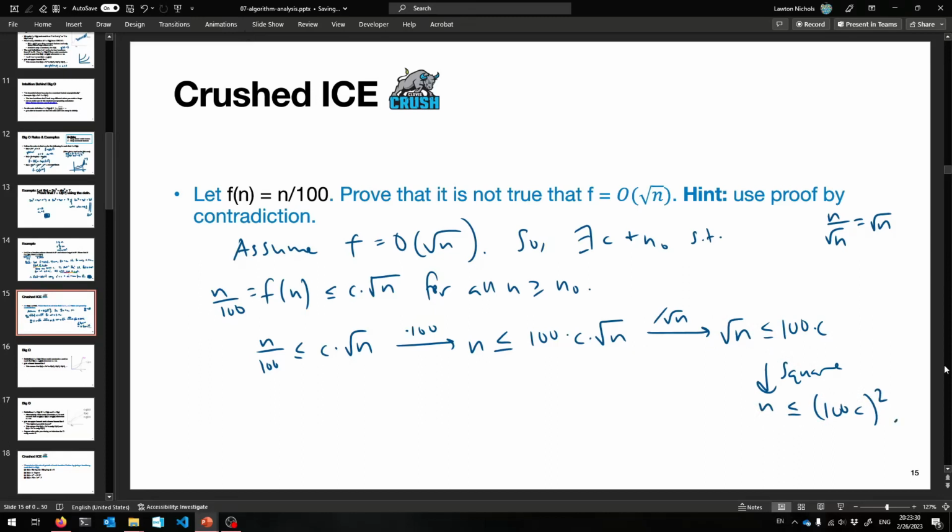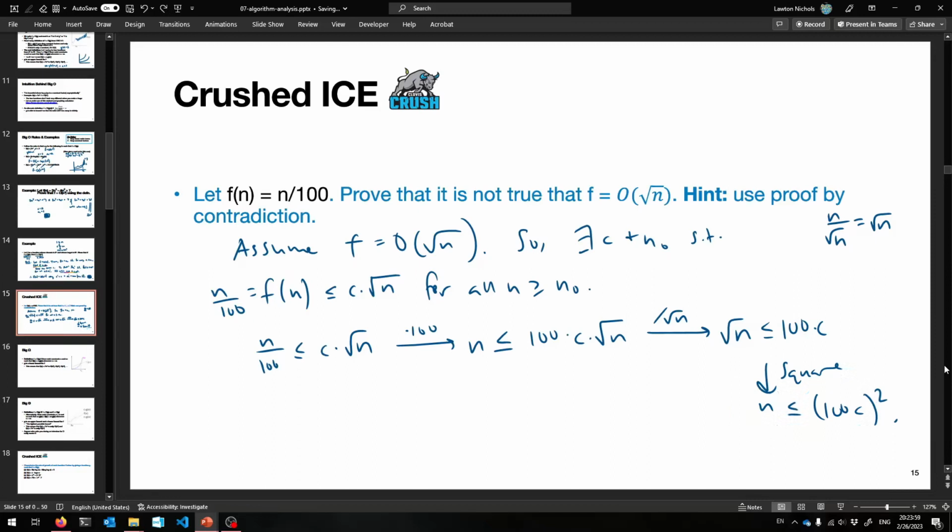We have just derived that if we assume this, we can end up with the idea that n is less than or equal to 100 times c squared. But, I hope you notice this, c is a constant. It's a giant number maybe, but it's fixed. It's like 42. Will 100 times a constant squared always be bigger than n? It will not, right? That's impossible.